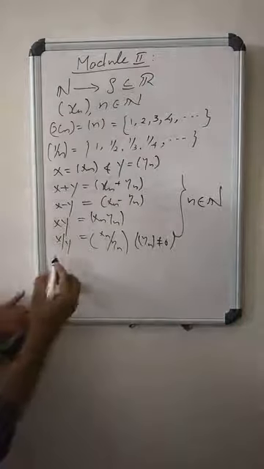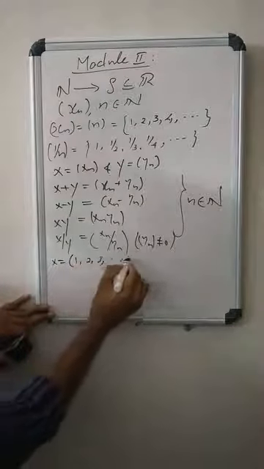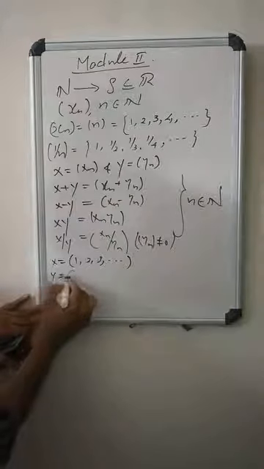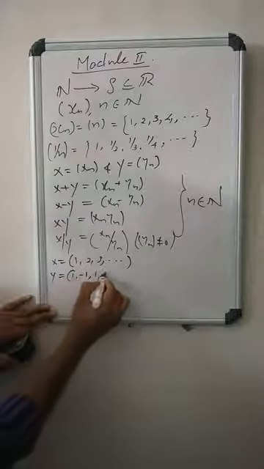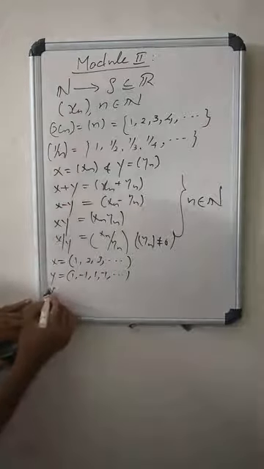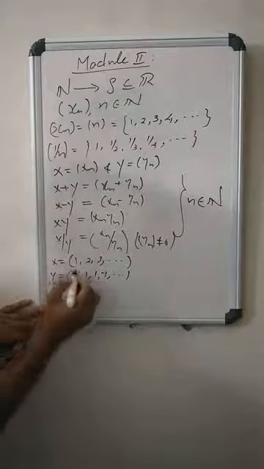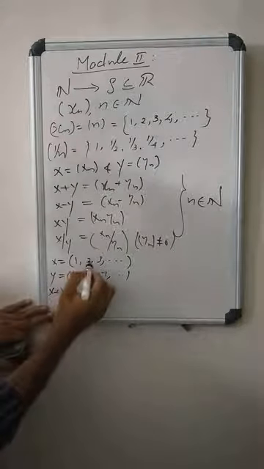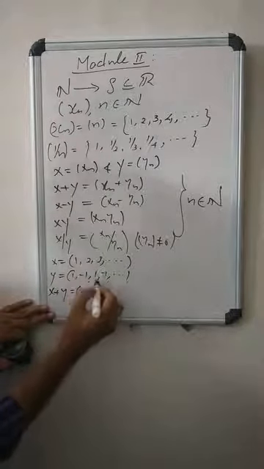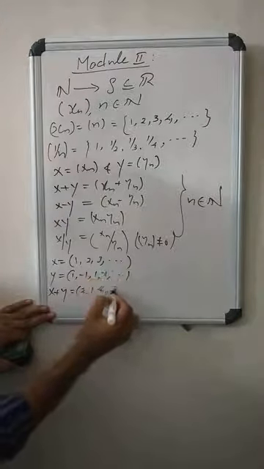If sequence x equals 1, 2, 3, etc. and sequence y equals 1, minus 1, 1, minus 1, etc., an alternating sequence, what is x plus y? You can add corresponding elements: 1 plus 1, 2, then 2 minus 1, 1, 3 plus 1, 4, then 4 plus minus 1, 3, and so on.